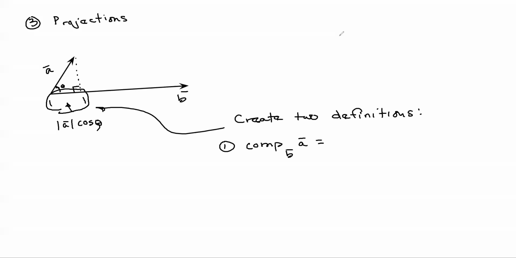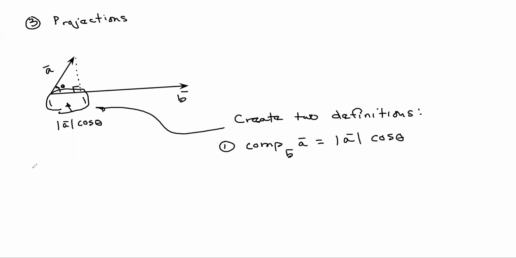So this thing that we've been talking about, the length of this piece here that we've written on the board a couple times, it's important enough that we're going to have a definition strictly for that. So we're going to say the component of A onto B is this, okay? And we can take the first definition for dot products and write this in a simpler, more palatable form.